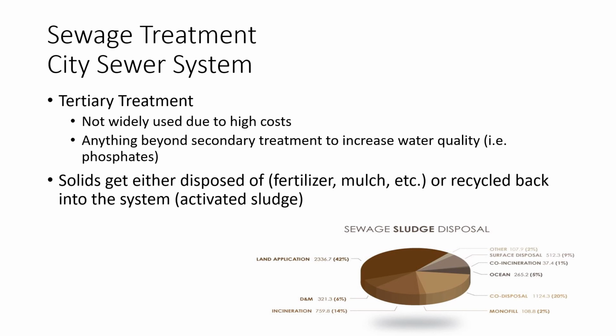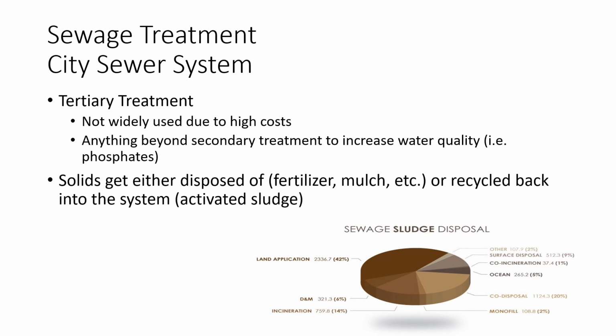So the solids get disposed of, especially from that primary treatment, but the final clarifier, the activated sludge, some of it gets disposed of also, but then some of it gets put back into the system. And that's really important because it has a lot of bacteria that we need for that secondary treatment process.